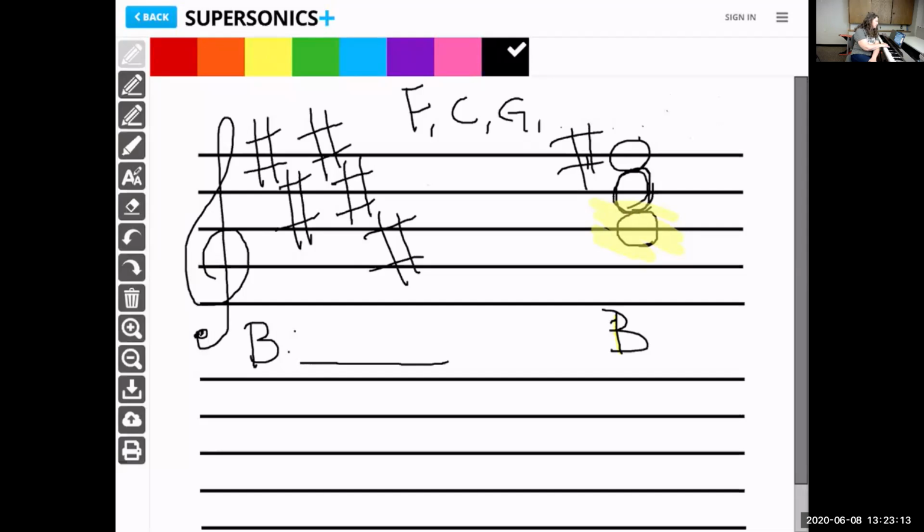We haven't decided yet if it's major or minor. So there's the chord B, D, and F sharp, and they've indicated F sharp. Now, if it's a B major chord, the D should be sharp, but they haven't indicated that.